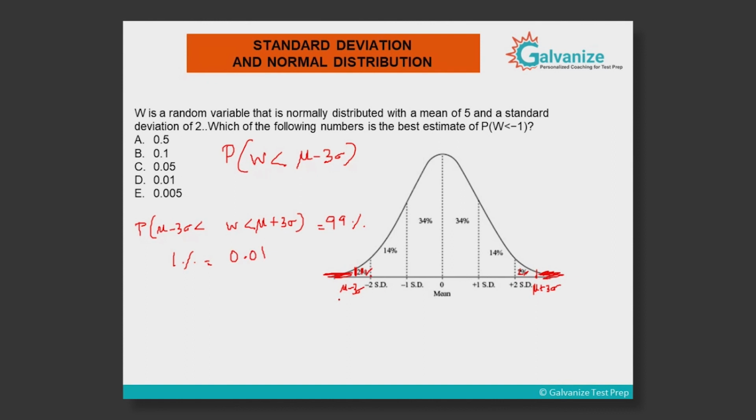Since the data is symmetrical, 0.005 of the population lies here and 0.005 lies here. So P of W less than mu minus 3 sigma is actually 0.005.